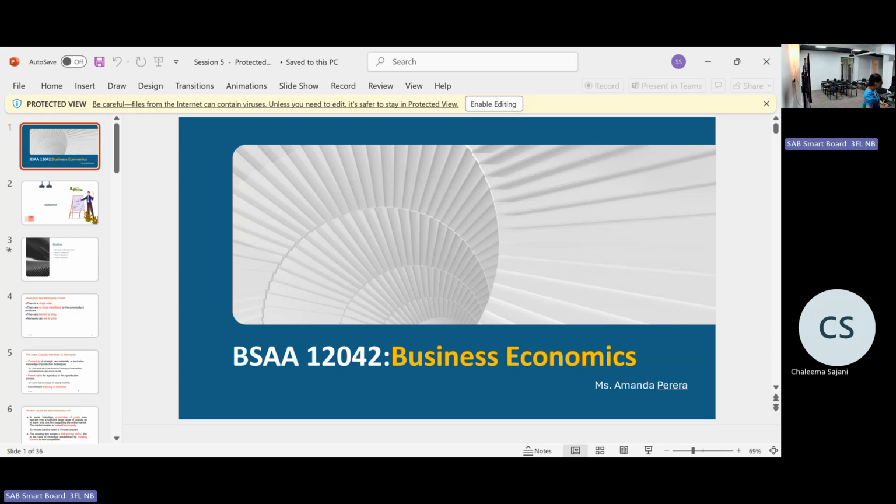When you are expanding your business, your average cost would be pulled down until some point. The long run average cost goes like this. Here, when you are expanding, you are experiencing economies of scale.